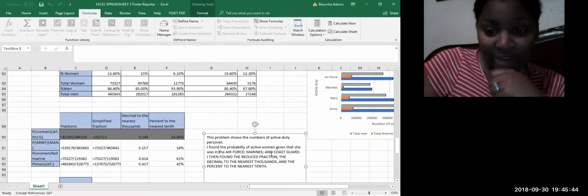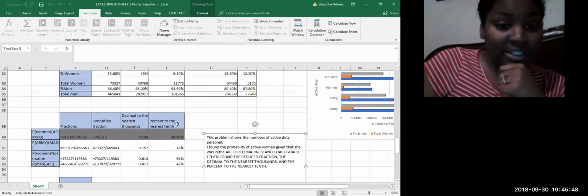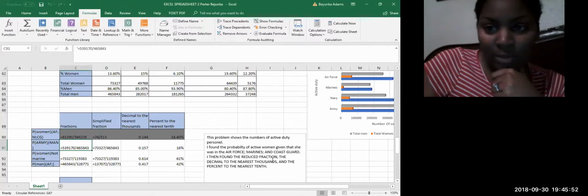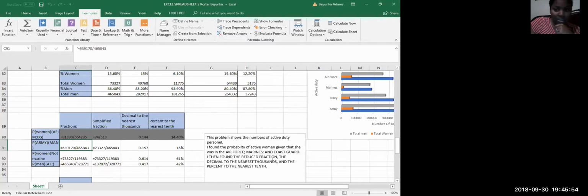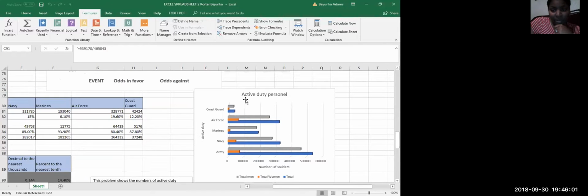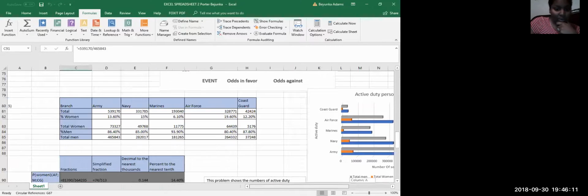Then I found the reduced fraction, the decimal to the nearest thousandth, and the percent to the nearest tenth. And that was that question, number 5. I also got the chart, and I labeled it as active duty personnel. I went by the sheet. Then I did active duty on the side, and then I did total men, total women, and the total. And that was number 5.